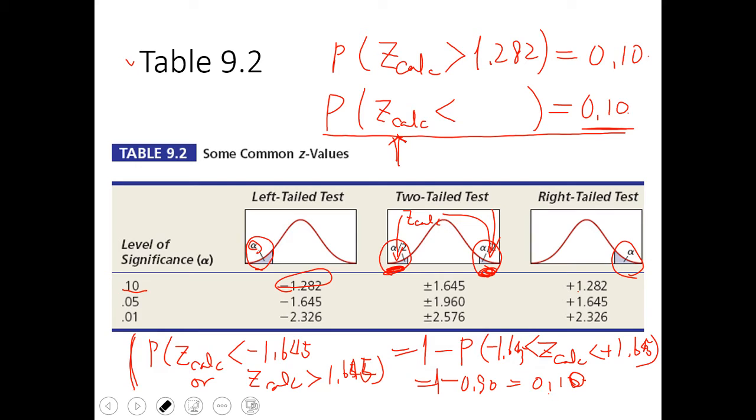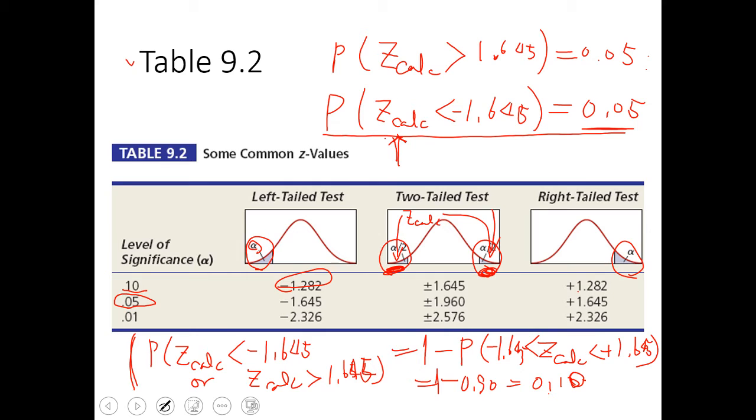Okay? So it is the same if we change this number to minus 1.645, then the probability becomes 0.05. So the level of significance is 5%. If it is 1.645, then it is 0.05, 5%.